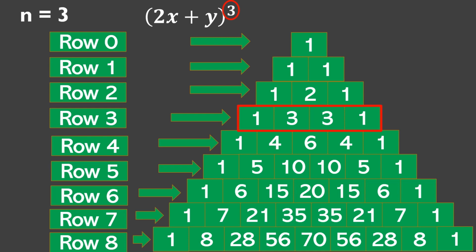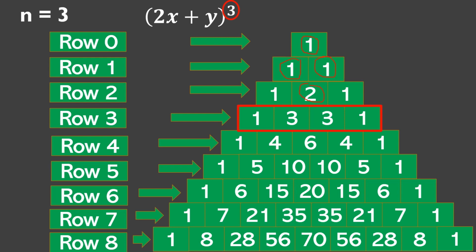Now, just a quick rundown on this Pascal's triangle. You'll notice we start with 1, and then we move to 1, 1. Notice that all the rows start with 1 and end with 1. Now, how do we get this middle term, 2?